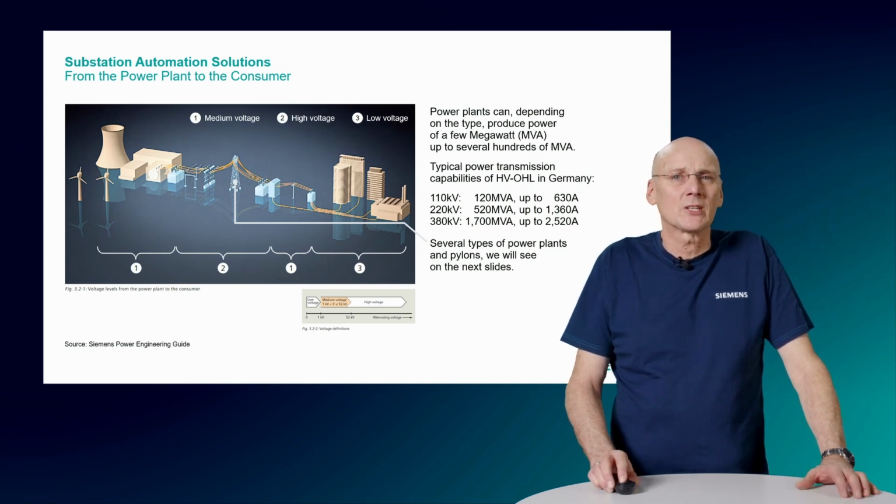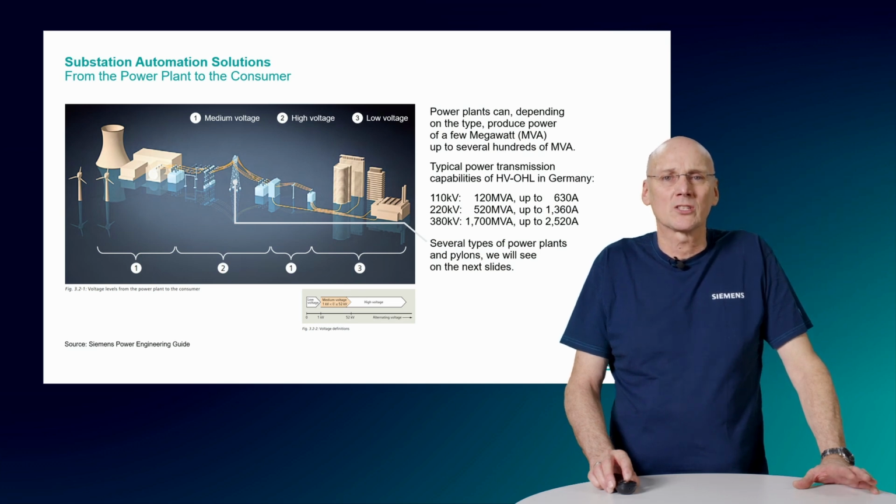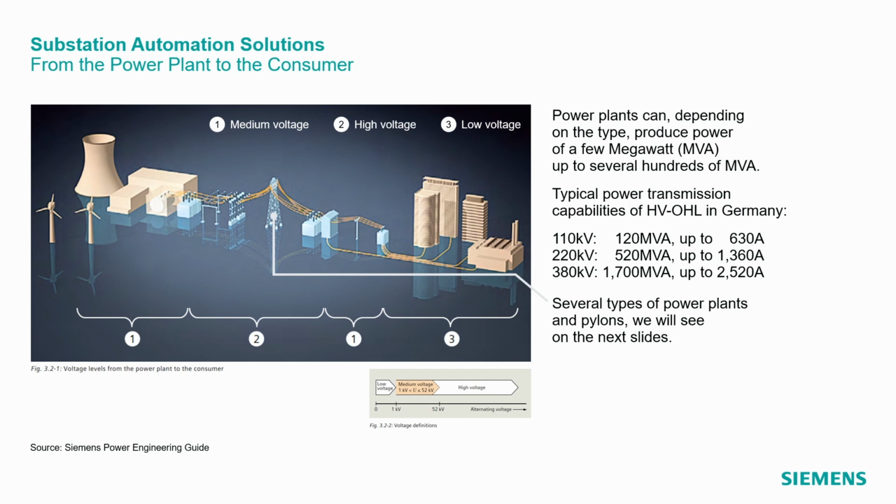So, after reaching the destination in the medium voltage distribution grid, the power will be transformed down again into the low voltage level we want to have in our house. This is low voltage, number 3 in the slide, because no one wants to have 11 kilovolt or 20 kilovolt in their home.